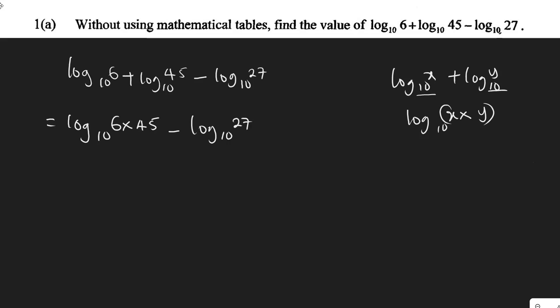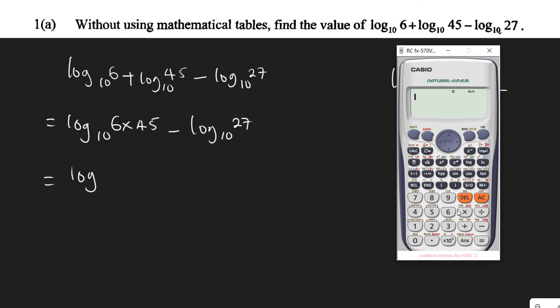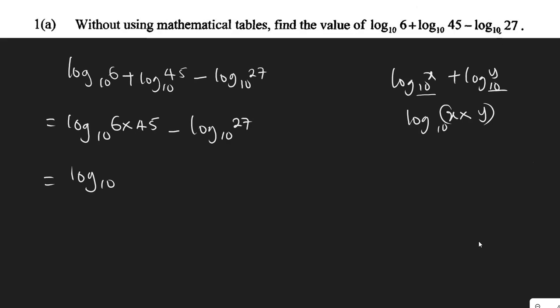Now we multiply these things here. Using the calculator, 6 times 45 is equal to 270. So we have log 270 base 10, then minus log 27 base 10.